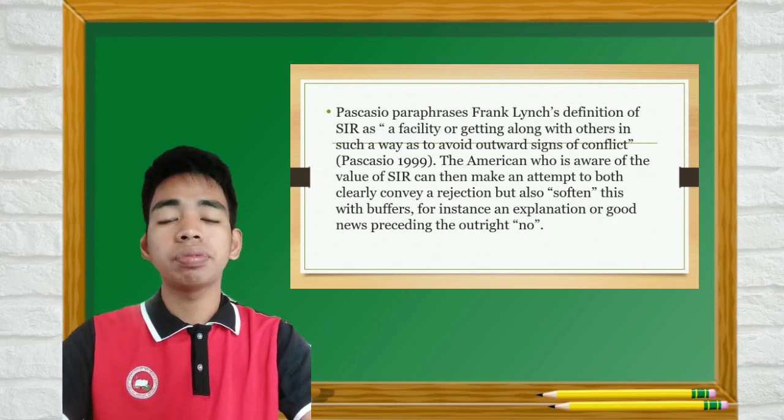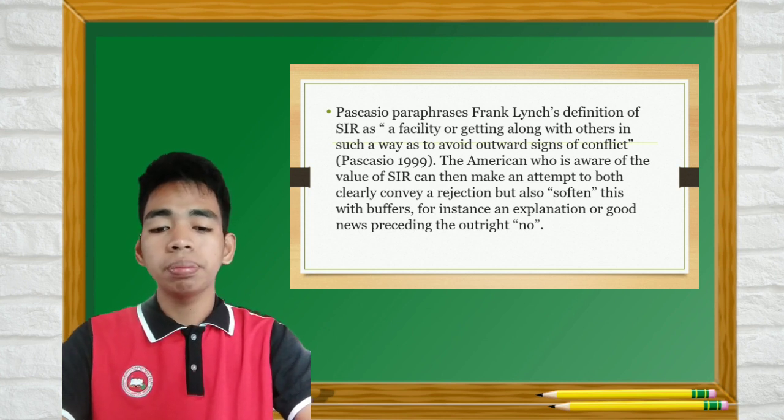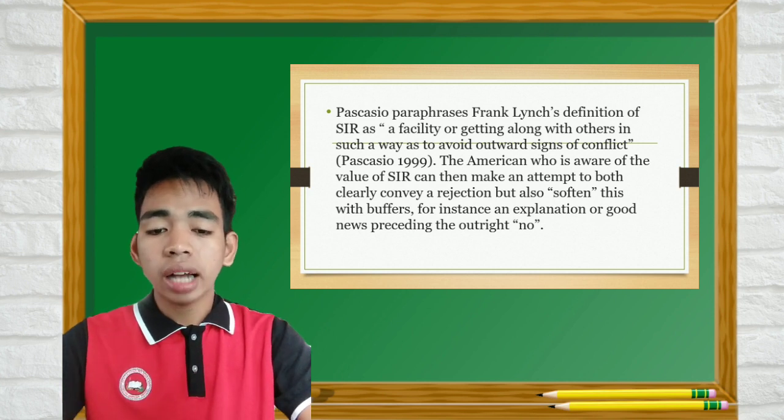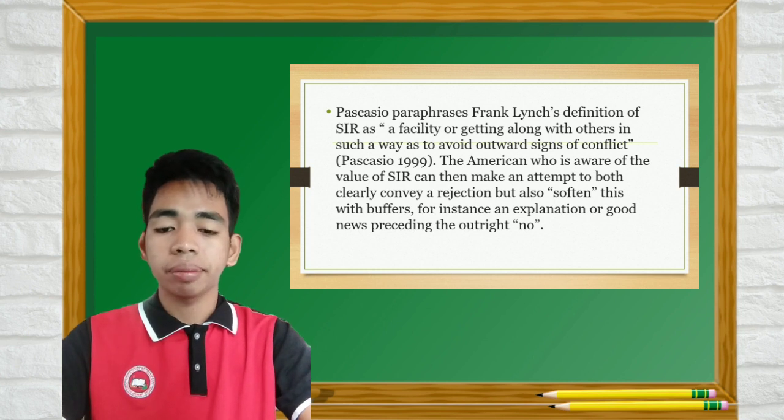Pascasio paraphrases Franklin's definition of smooth interpersonal relationship as a facility of getting along with others in such a way as to avoid outward signs of conflict.